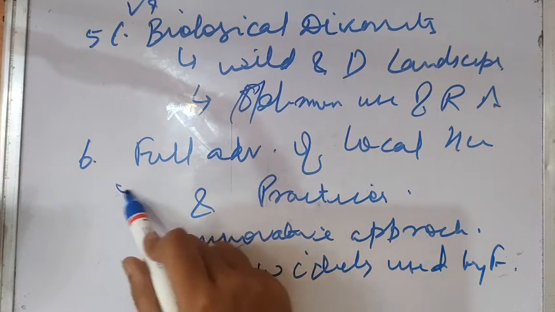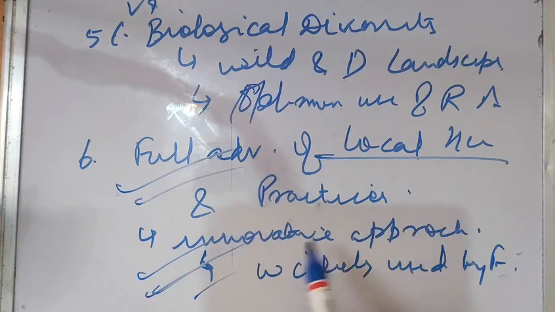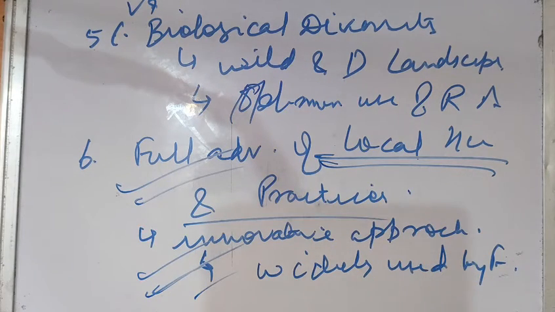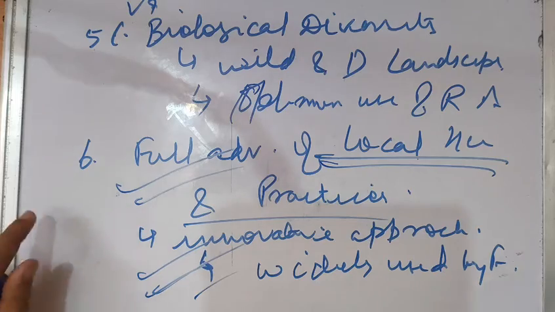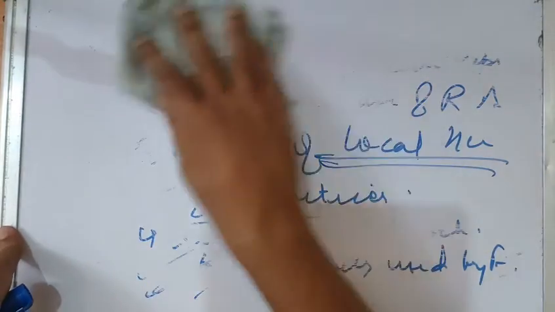So you can use these innovative approaches and take the local knowledge and practices into account. So this is how we need to manage our agroecology or our agroecosystem.